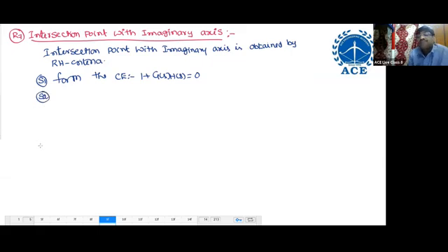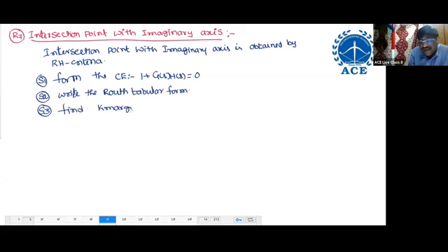Step 2: write the Routh tabular form. Step 3: find the K marginal value. Step 4: form the auxiliary equation.